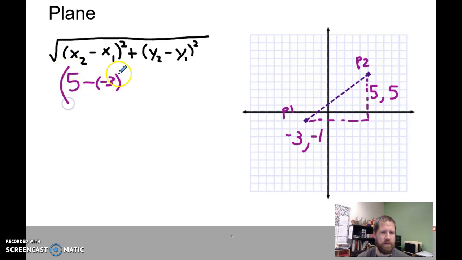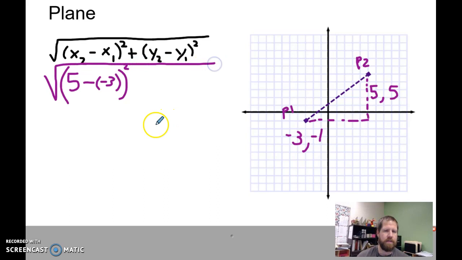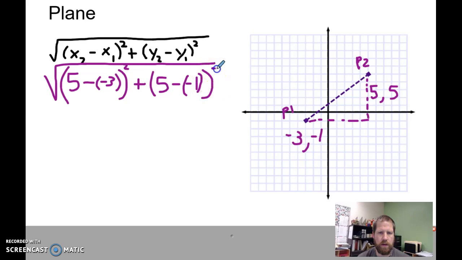I'm going to keep my parentheses and keep my square, and I should actually add my square root already. I'm going to add that to my y2, the y value of my second point, which is 5, minus the y value of my first point, which is a -1. Square that. This is going to equal my distance.